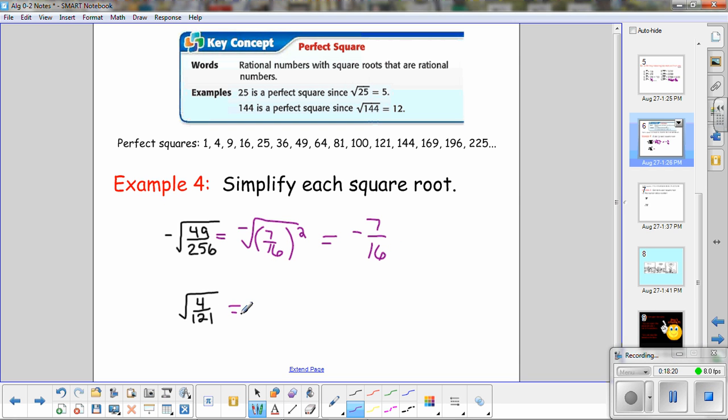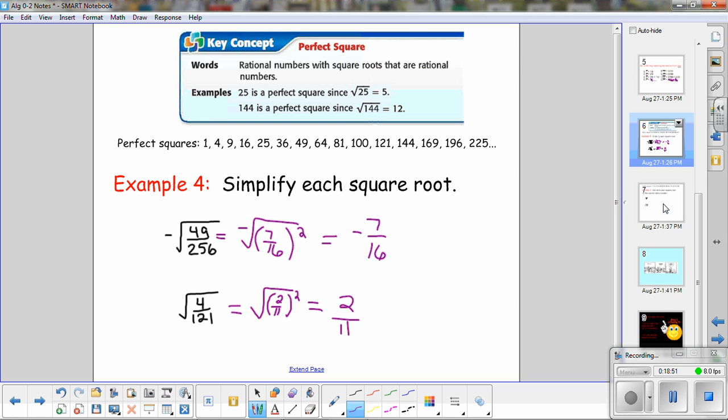When we come down to this bottom example, this is really the square root of 2/11 squared, because 2/11 times 2/11 is 4 over 121. So if I take the square root or ask myself what number times itself gives me this, it's going to be 2/11.